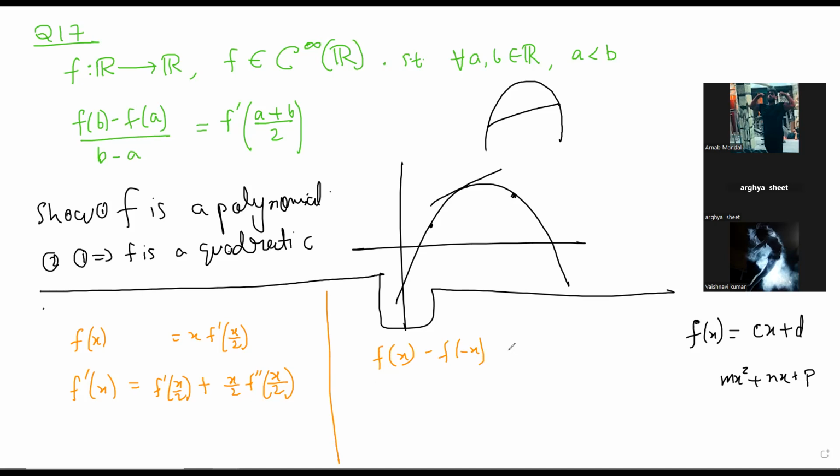So this will be, oh, okay, 2x times f dashed 0.